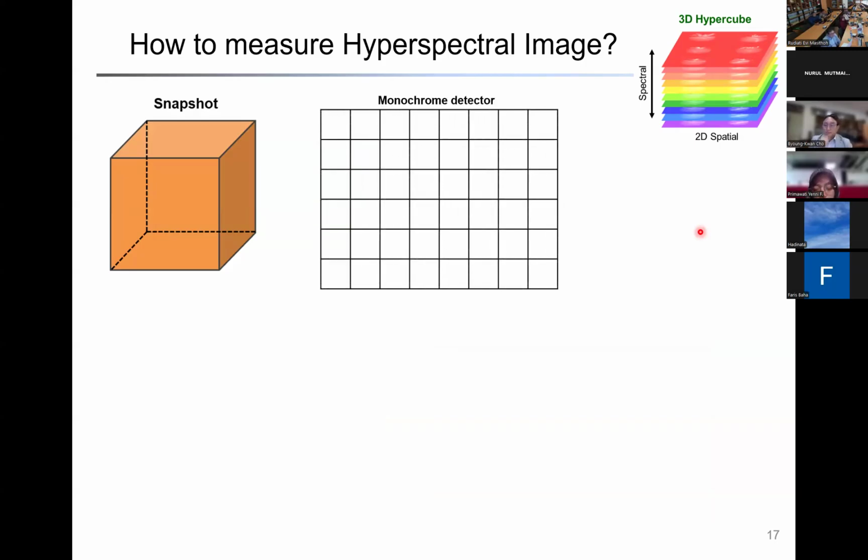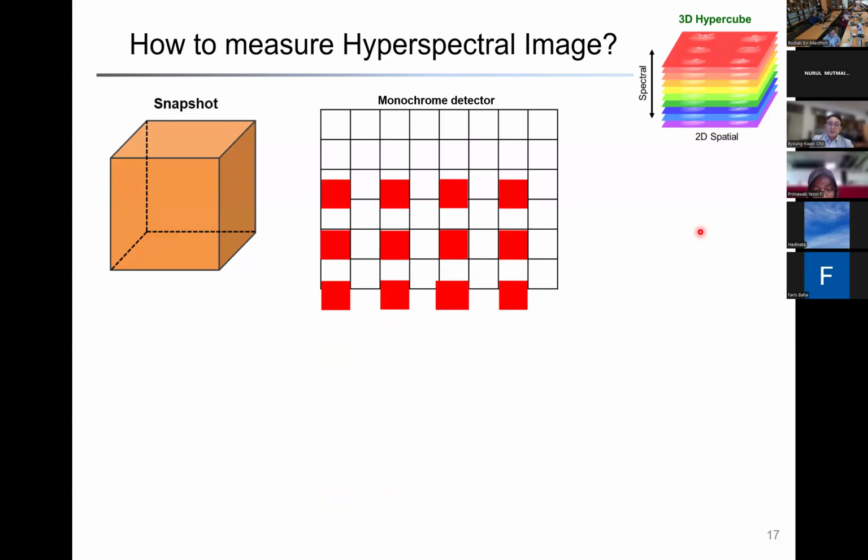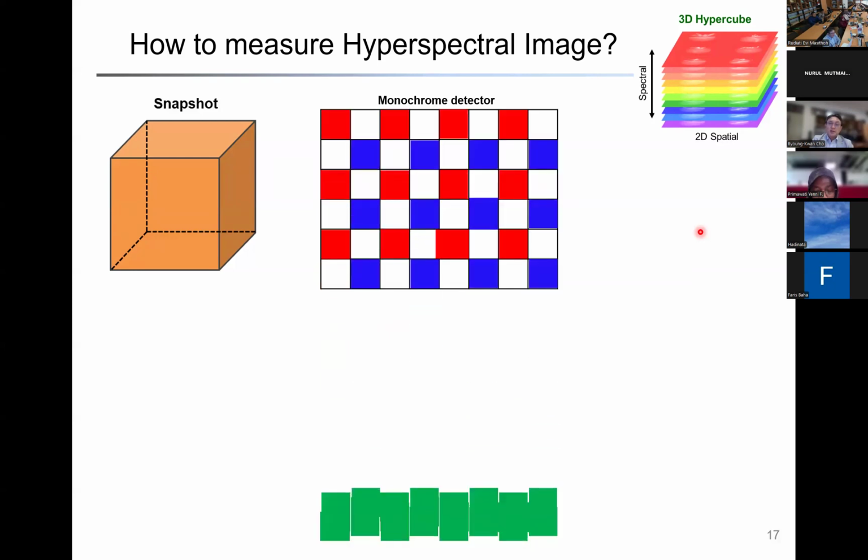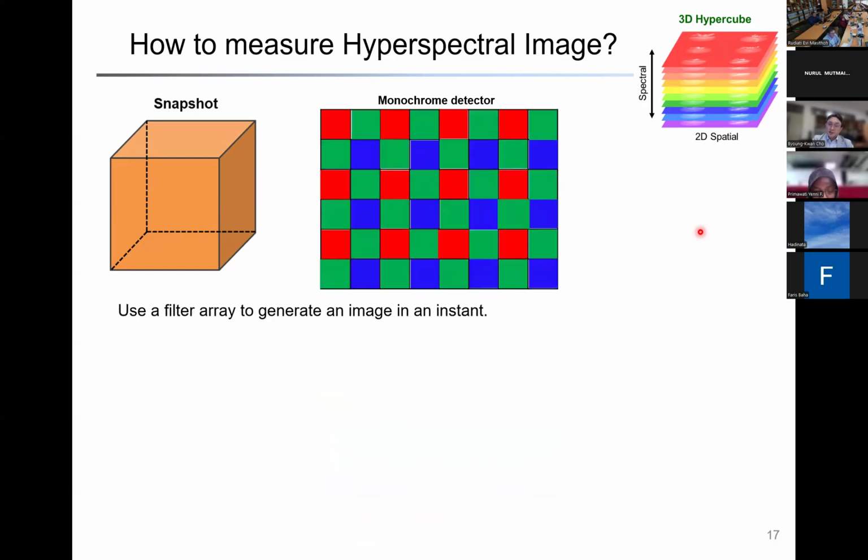And the snapshot measurement is just a one-shot measurement, like this. This is an example of color images. Color images have only 3 wavelengths, right? This is red, blue, and also green. Green is 50%, red is 25%, and blue is 25%. Then using that information, we can make color images.